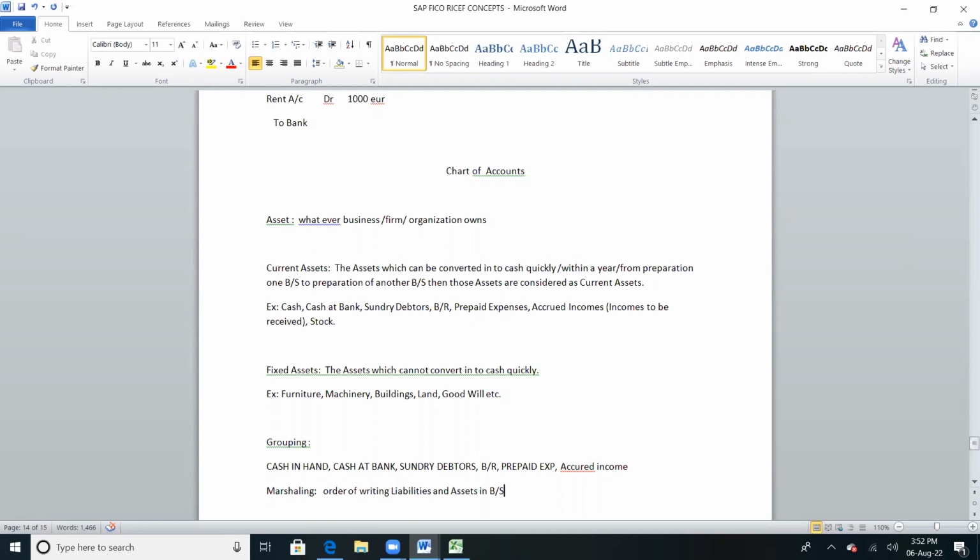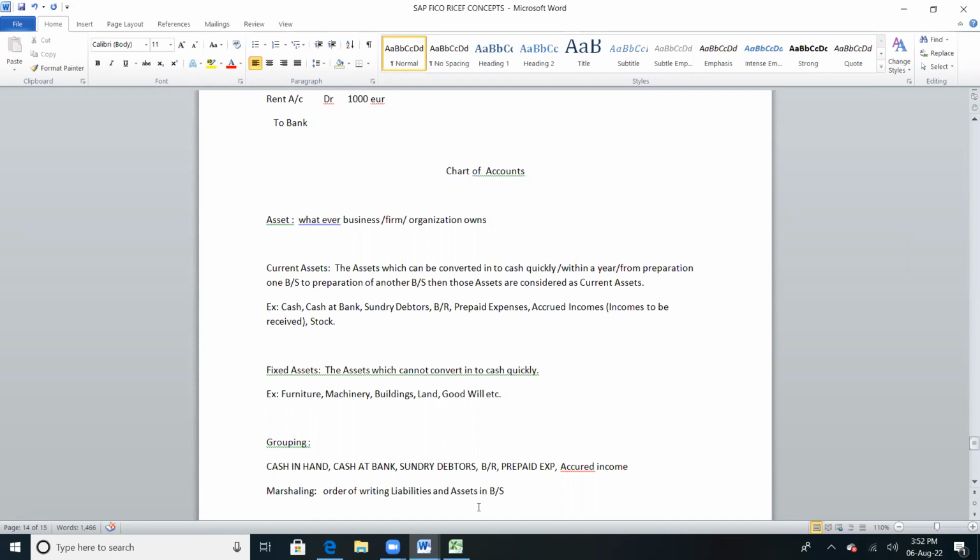What kind of balance sheet is that? Company balance sheet? On what basis? It's a sole proprietor balance sheet. Why? See here, again I'll tell you. So yes, order of writing liabilities and assets in the balance sheet.